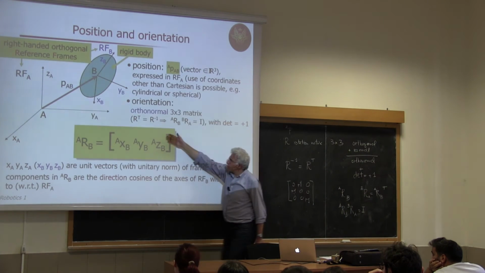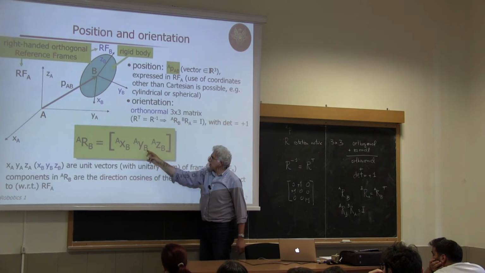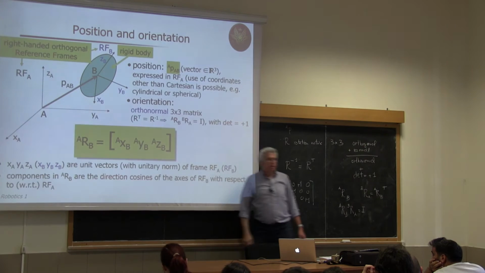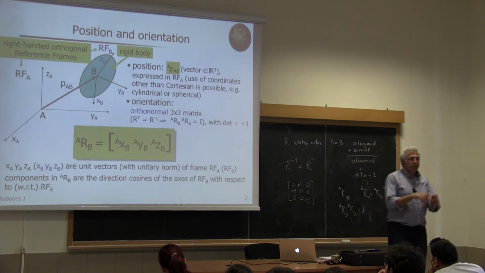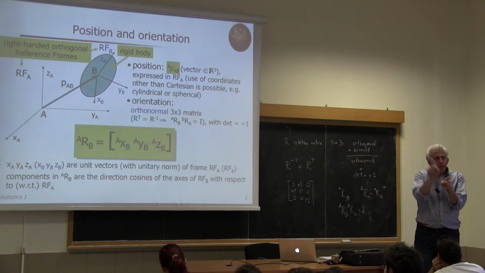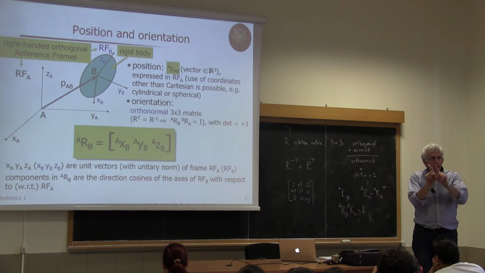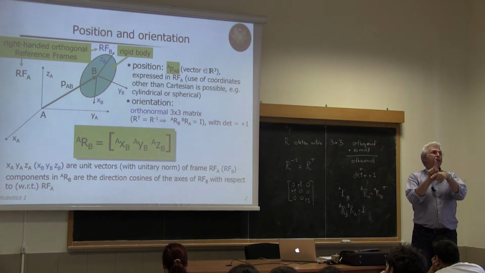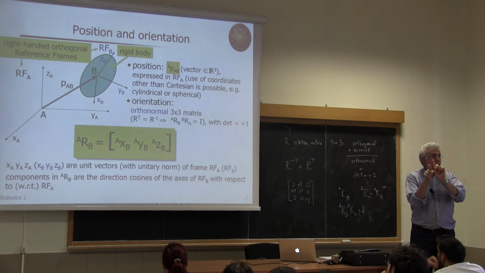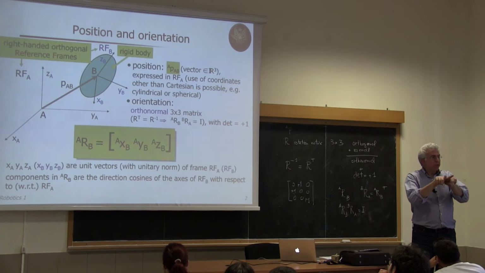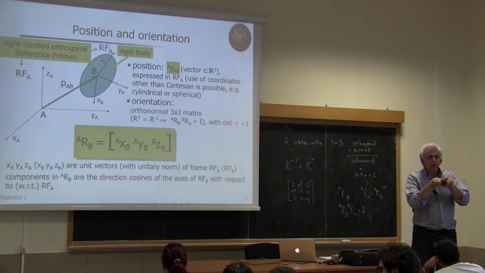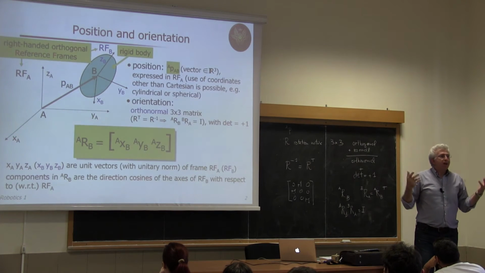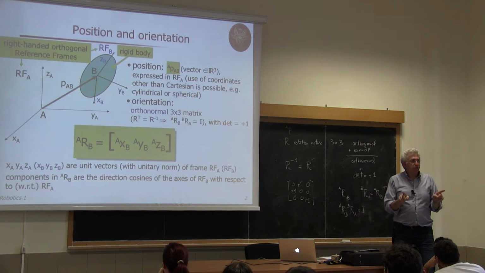Now, if I look at a generic column here, for instance the second one, the numbers that I find here characterize the projection of the unit vector yb along xa, ya, and za, which are unit vectors. So they are scalar products of unit vectors. You remember the rule of what number comes out of a product of two vectors.